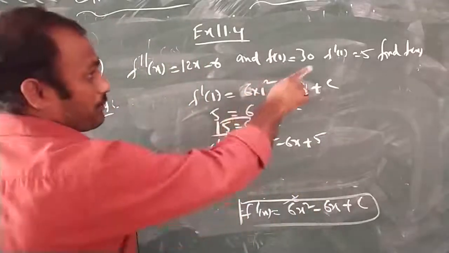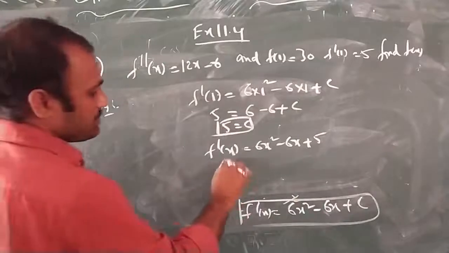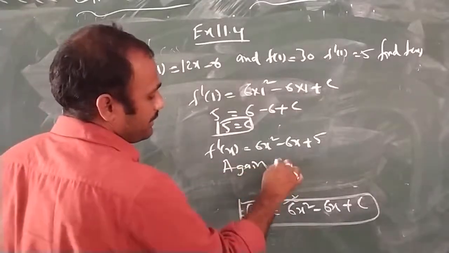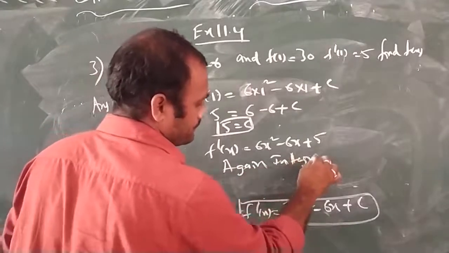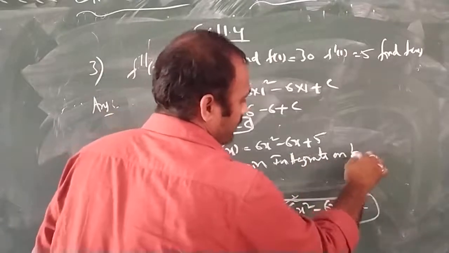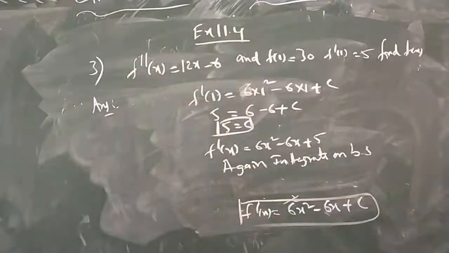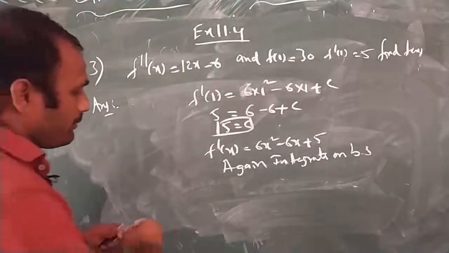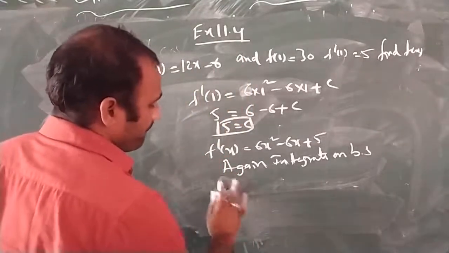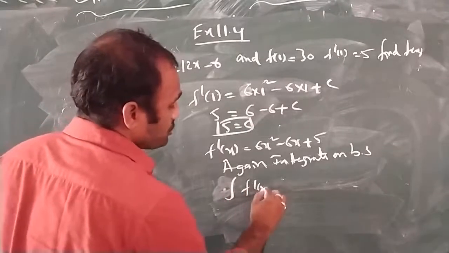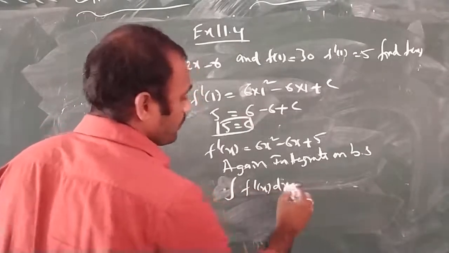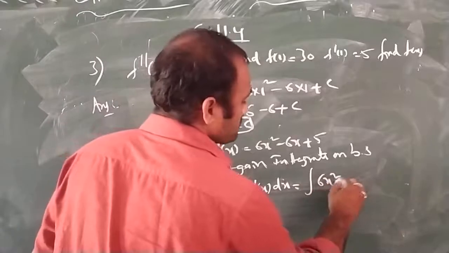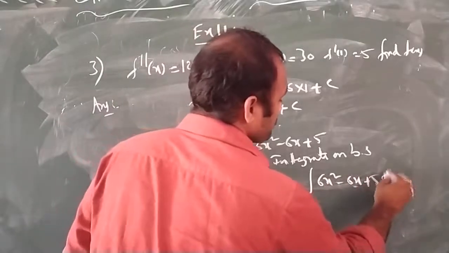Now he is asking us to find f of x. Again, let us integrate on both sides. The integral of f dash of x dx is equal to the integral of 6x square minus 6x plus 5 dx.